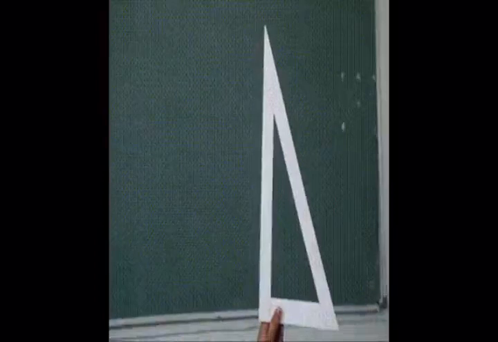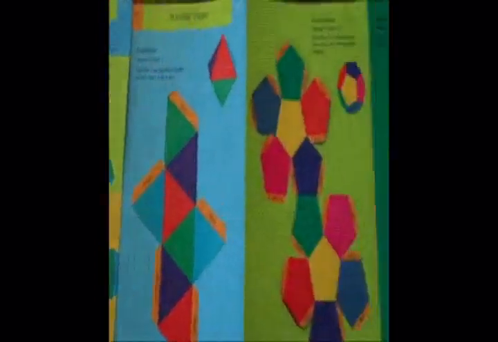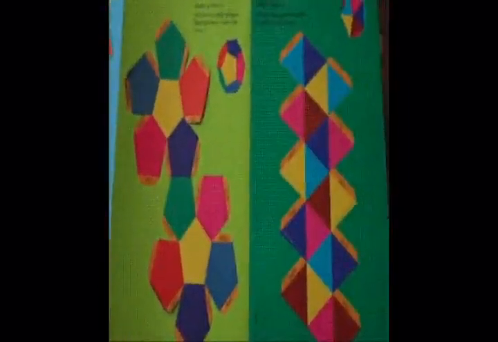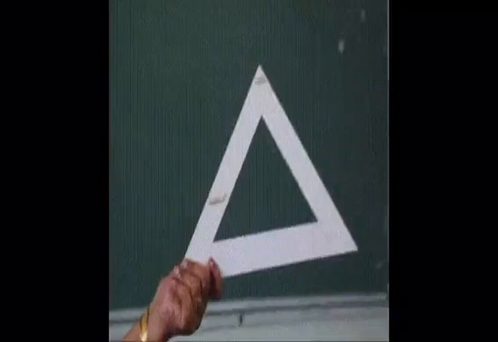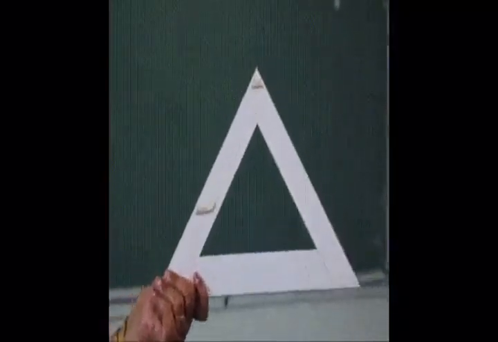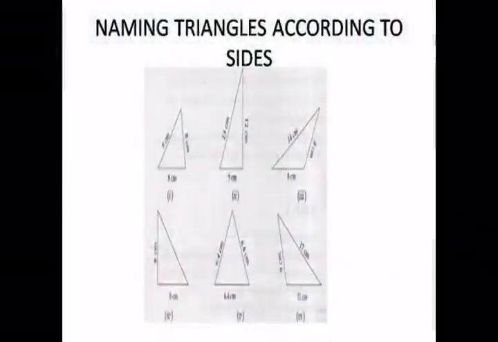This is the easy way of getting isosceles triangle. So it is very clear. Two sides are equal, and the students, they can measure the two sides. If two sides are equal and the third side is different, it is an isosceles triangle.